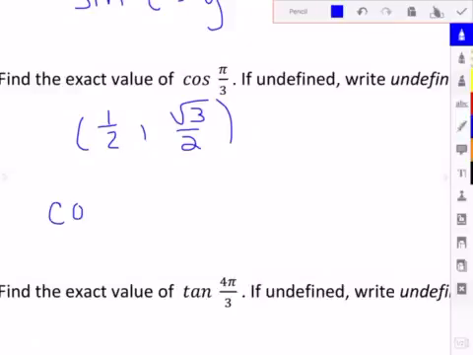And because cosine t is x, that means that the cosine of pi over 3 is equal to 1/2.